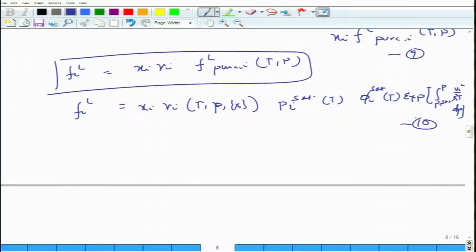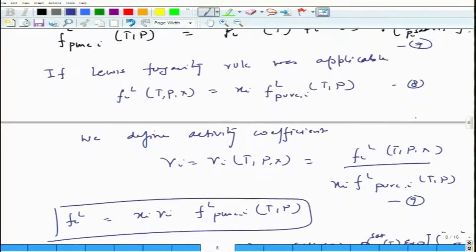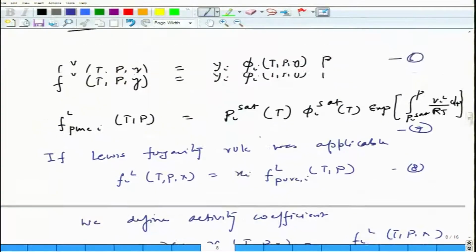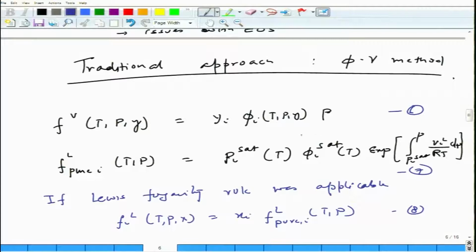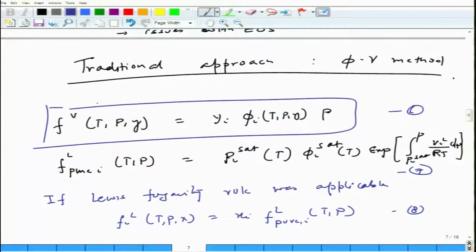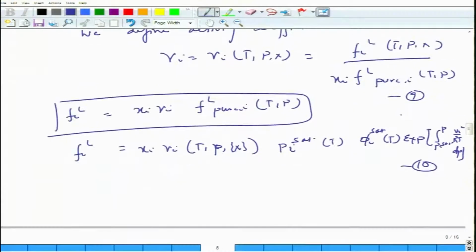Now, given this expression and given the fact that you have written this already for the vapor, for the condition of equality, the fugacity should be the same in the vapor and liquid phases. That means you can equate equation 6 and equation 10.